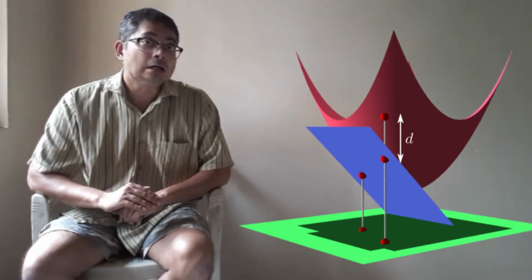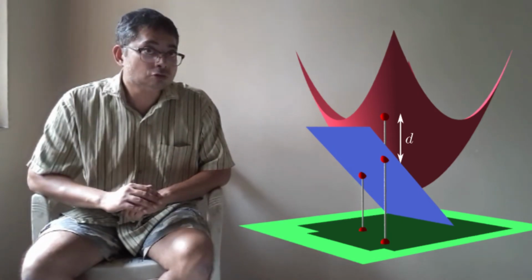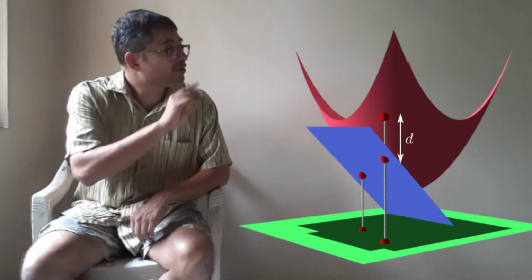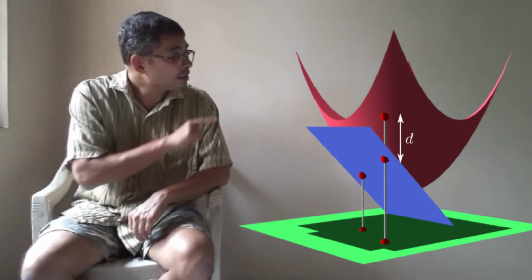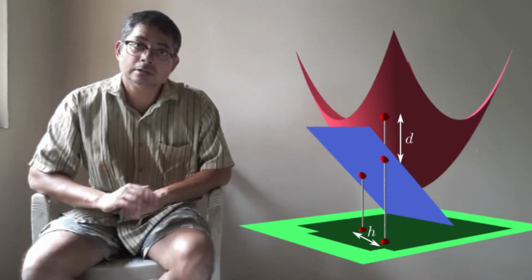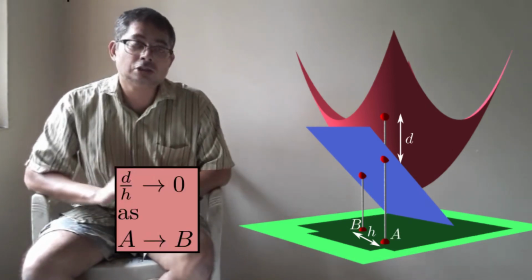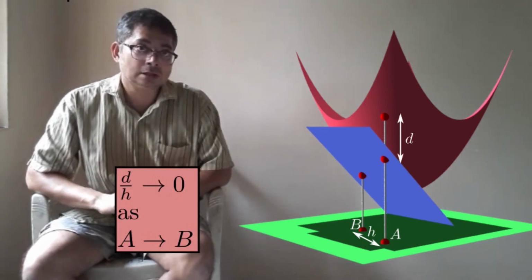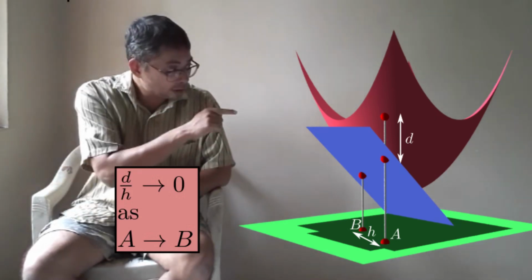However, there is something stronger which is true. If you divide that vertical height by the distance of the 2 points in the xy plane, then that ratio will also go to 0 as this point moves towards that point.